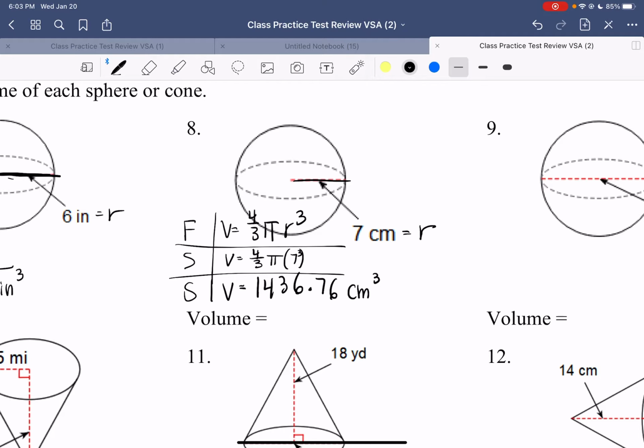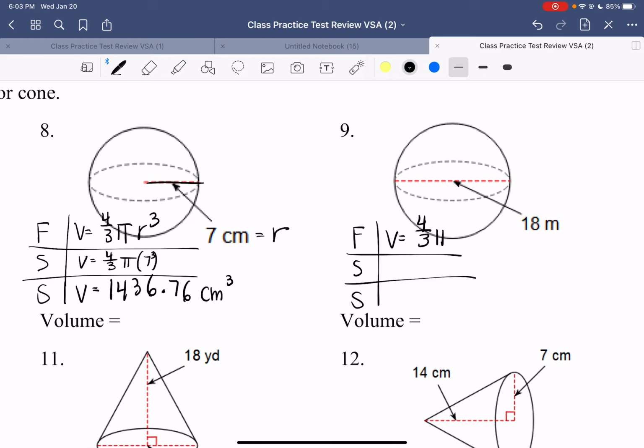Number 9, we have another sphere, so formula, substitute, solve. We have the volume is 4/3 pi radius cubed. So we need a radius, but they gave us a diameter, so we're going to have to make sure to cut that in half. So half of that would be 9.